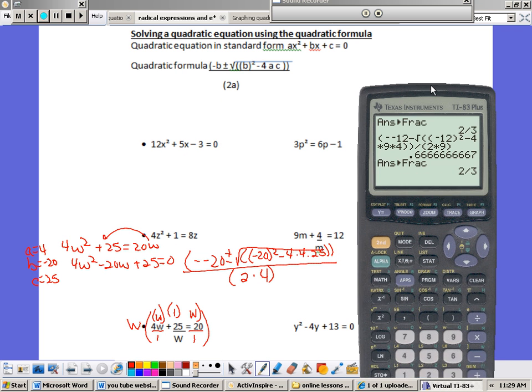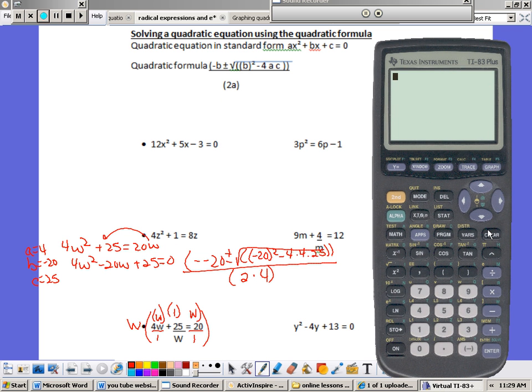And my calculator back over here. Parentheses, negative 20 plus the square root of negative 20 squared minus 4 times 4 times 25, divided by 2 times 4. 2.5 math fraction if I want to, or I can leave it at 2.5.